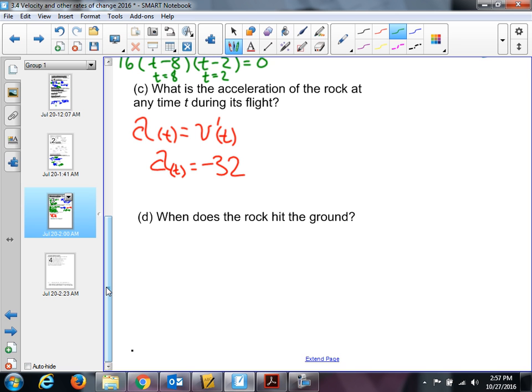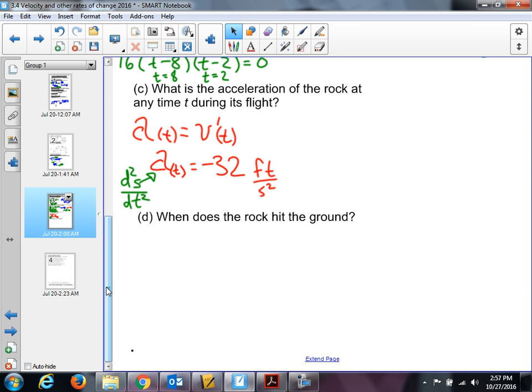But the d by dt notation gives you a better idea of what your units are. Think of this as the second derivative of the position function, d squared s over dt squared. So it's feet per second squared. The calculus helps you find the units better. If you know a bit about physics, you might think meters per second squared, or kilometers per hour squared if we're talking about different problems, and so on.